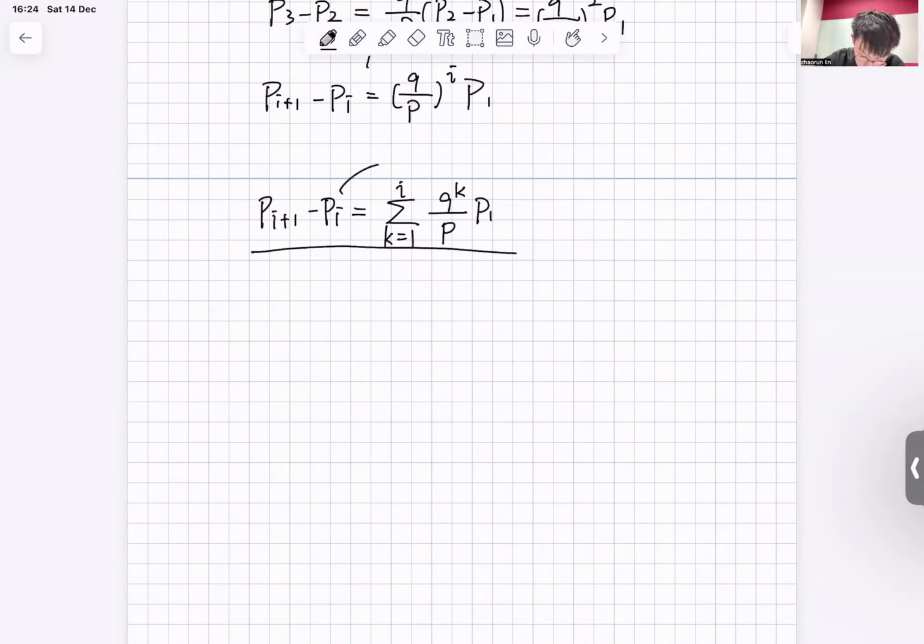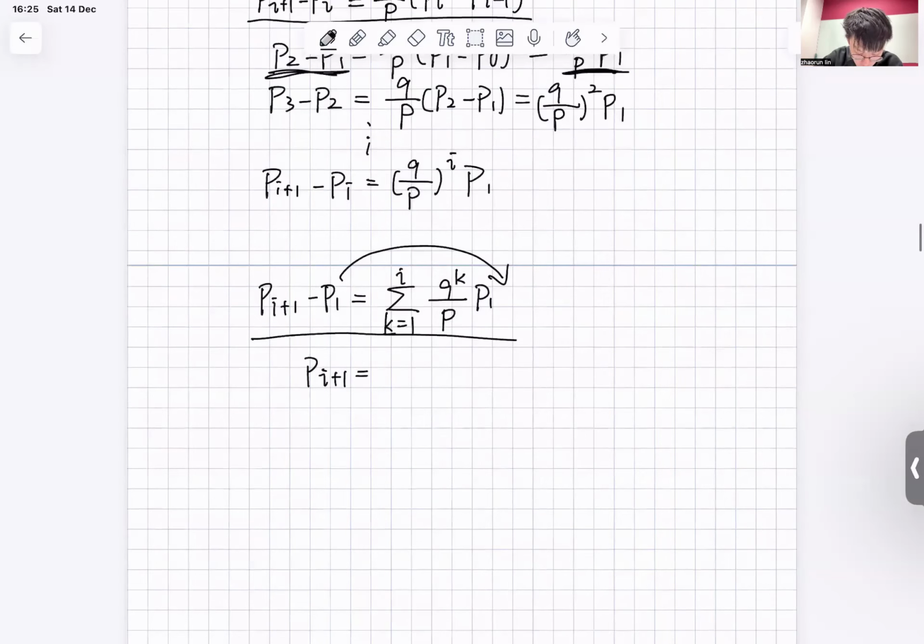And we can throw this term over to the right side. Oh no, actually this term should be 1, because here we have i and here we have 1. So the relation should follow, and we can throw this P1 to the right side. Then we now start at k equals to 0. So this is Pi+1.